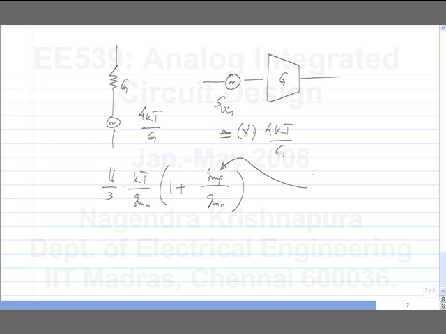This is the noise contributed by the active load. Okay. If you want to reduce its relative contribution, you have to make the transconductance of the active load less than the input transconductance.